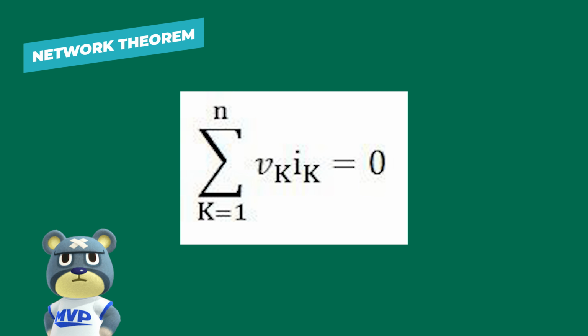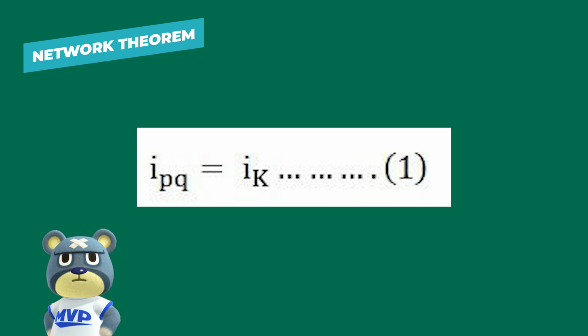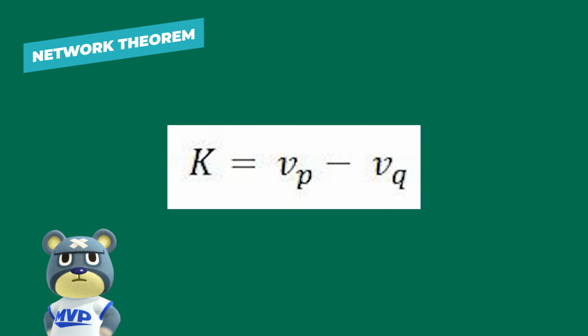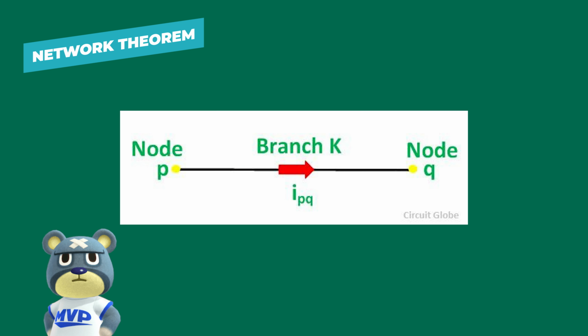Thus, for the Kth branch, this theorem states this equation, where n is the number of branches, Vk is the voltage in the branch, and Ik is the current flowing through the branch. Let this equation show the current through the Kth branch. Vk is the voltage drop in branch K and is given by this equation, where Vp and Vq are the node voltages at nodes P and Q respectively.